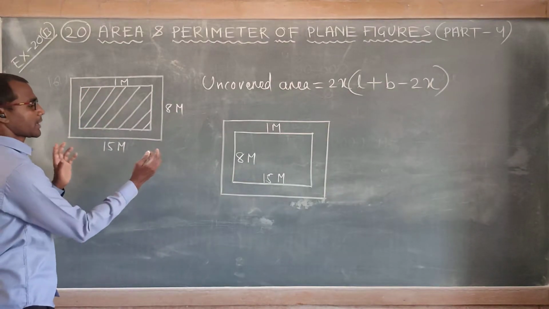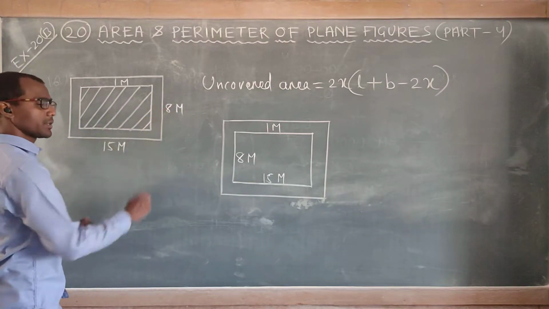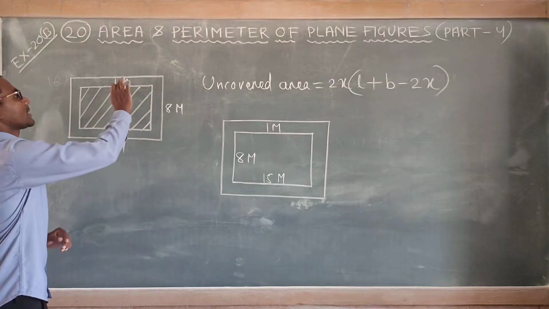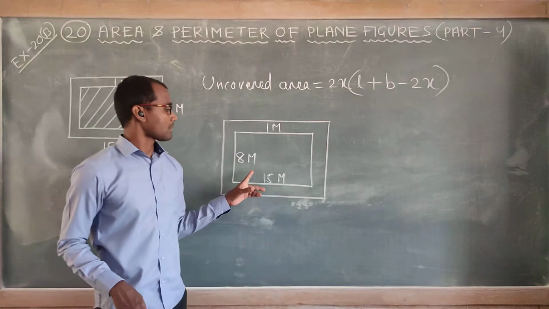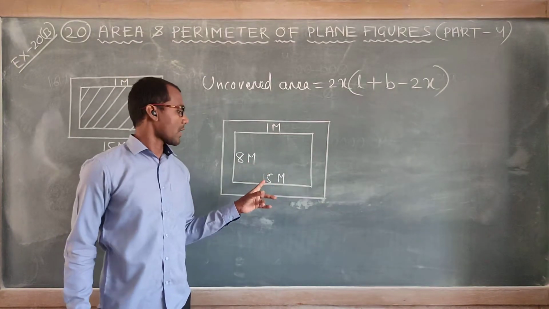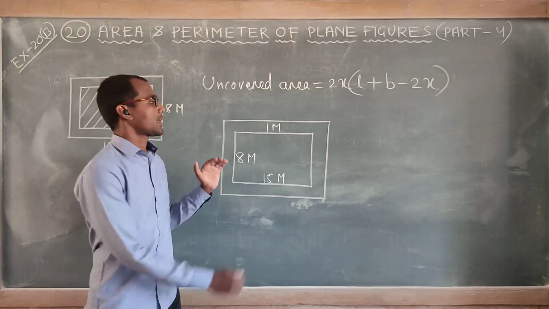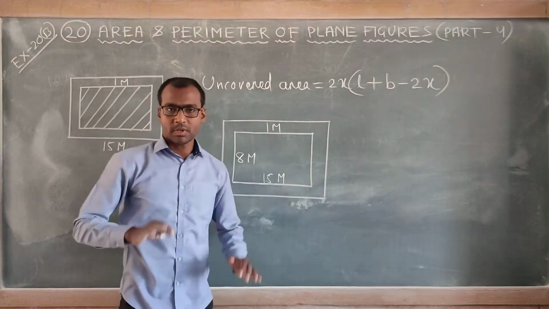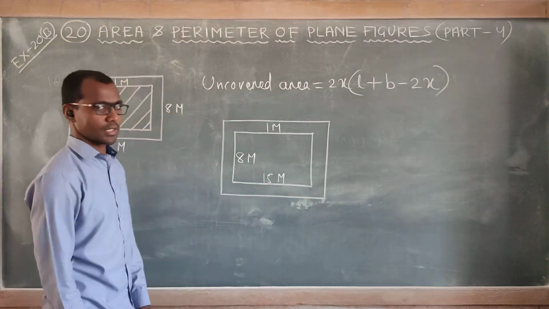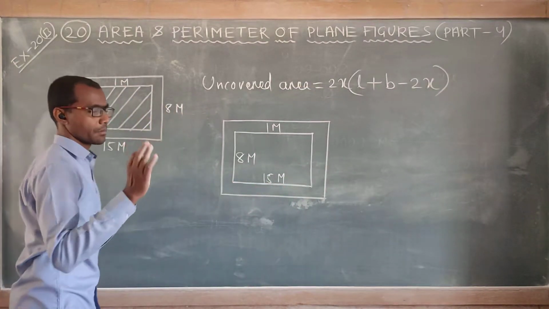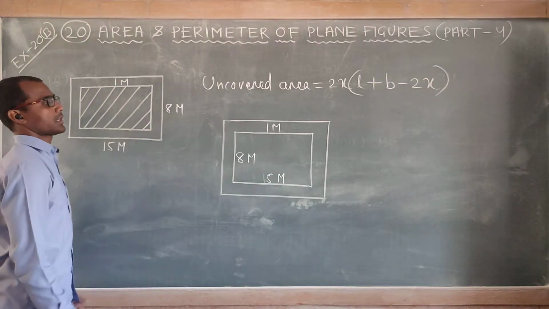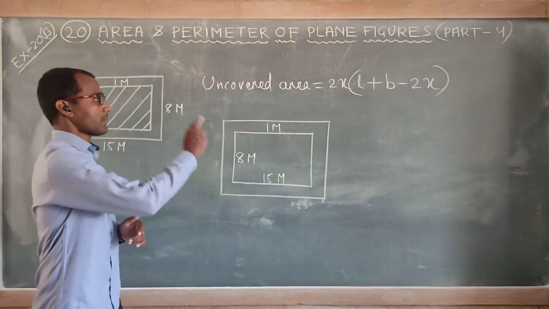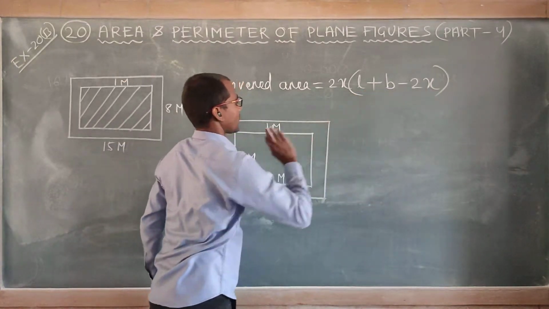Here the outside rectangle dimensions are 15 and 8 and the path is inside the rectangle. Here the internal rectangle dimensions are 15 meter by 8 meter and the path is covering the rectangle, outside the rectangle. So these two look the same but they are not the same. Here the path is inside, here the path is outside. Here minus, as I have used here plus.